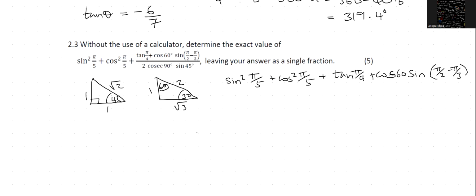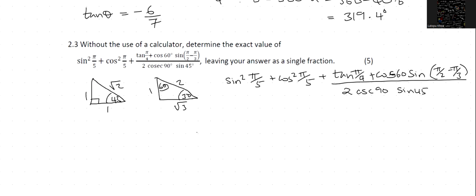This is all over 2 cosec of 90 times sine of 45. Now pi over 5 is definitely not a special angle, so there is no triangle that we can draw to work out what sine of pi over 5 is.